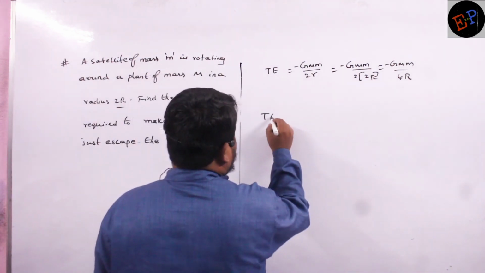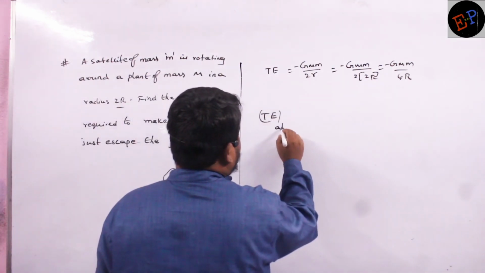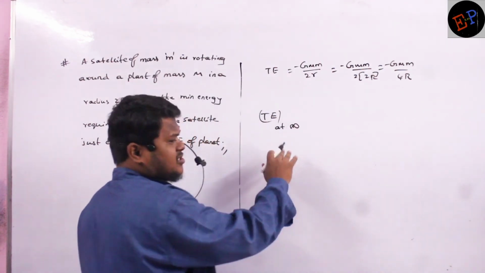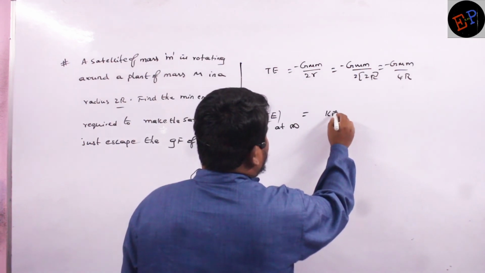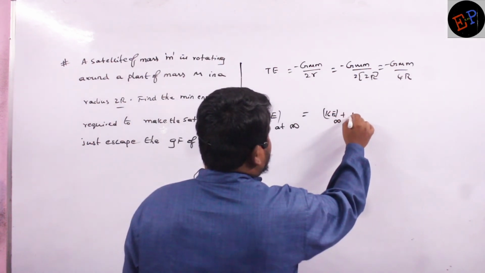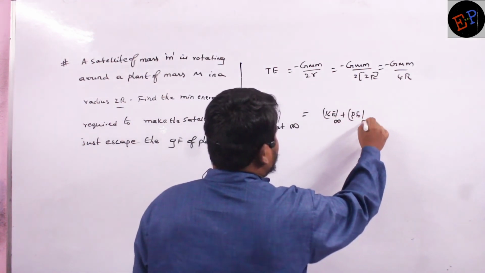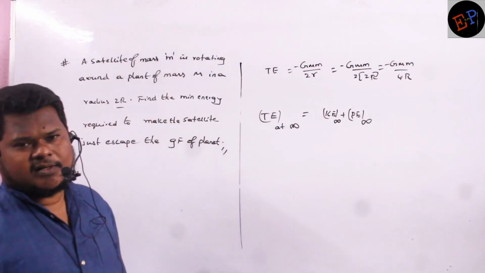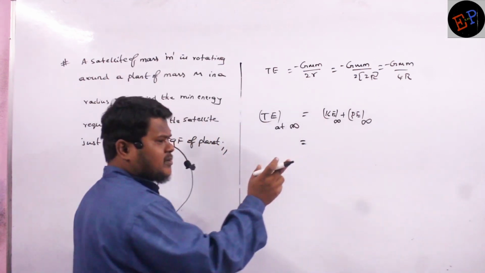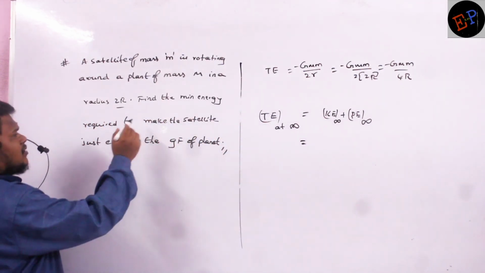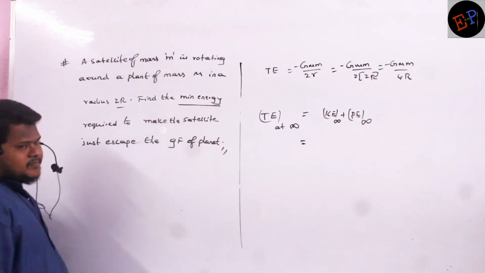Then what is the total energy at infinity? If it just crosses the gravitational field, total energy at infinity is nothing but kinetic energy at infinity plus potential energy at infinity. That is called total energy, no? So just after crossing the gravitational field, its final velocity should become 0. Then only we are discussing minimum energy.